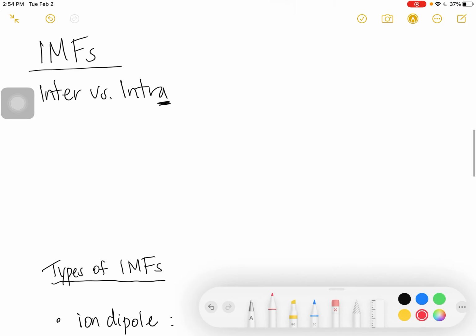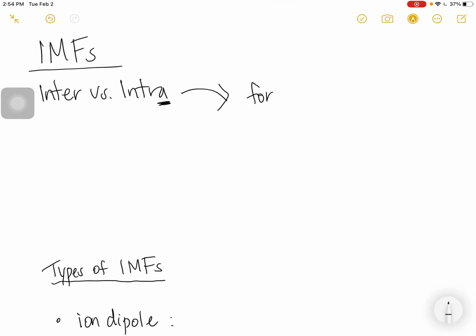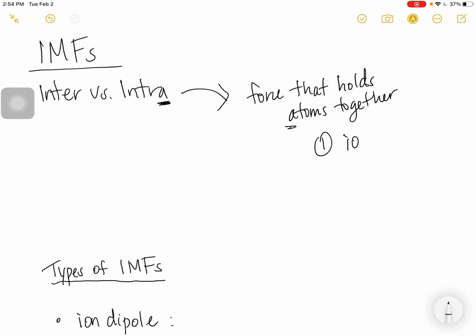Okay, so then the bigger discussion is intermolecular forces. But before we really talk about intermolecular, we have to also talk about intra. So intra is the force that holds atoms together, right? And so there are two types, ionic and covalent.